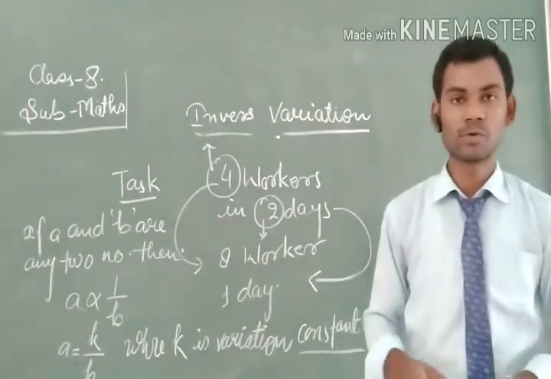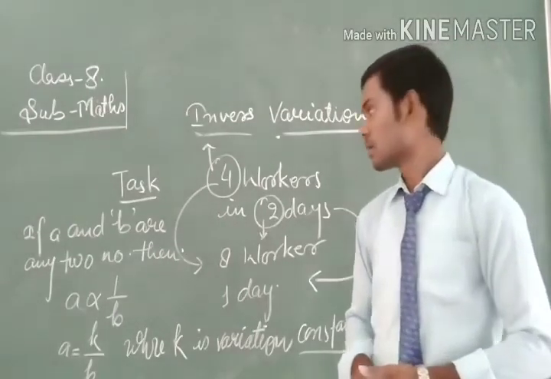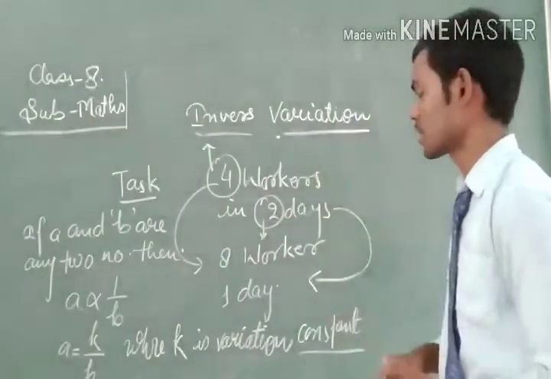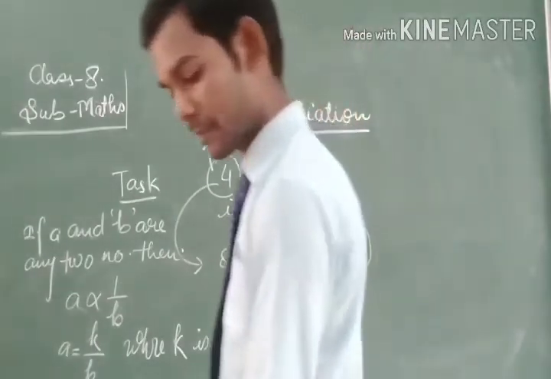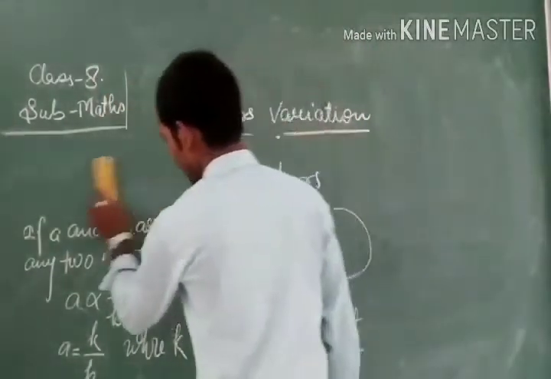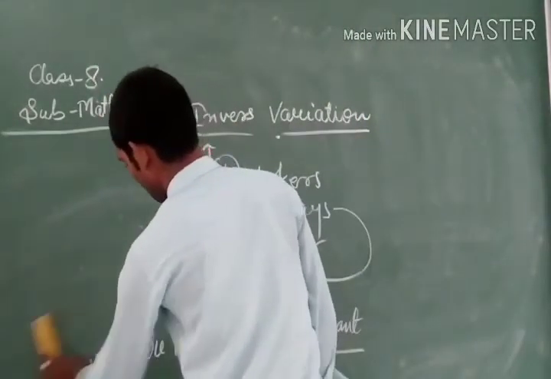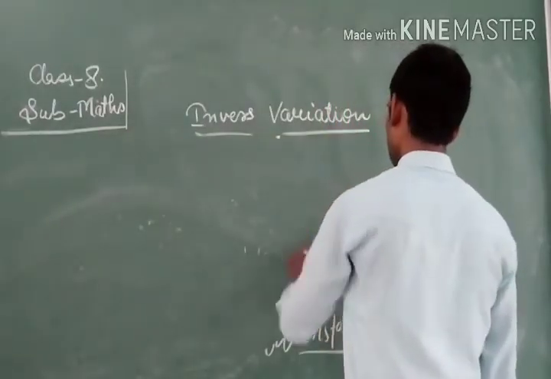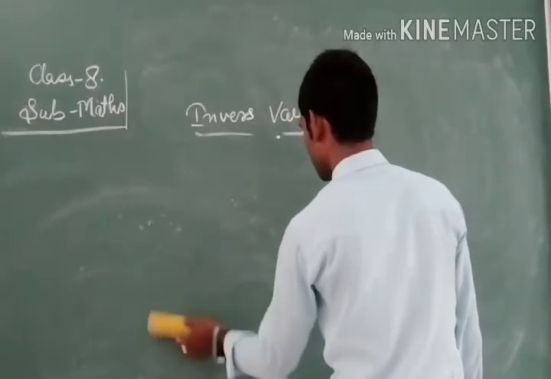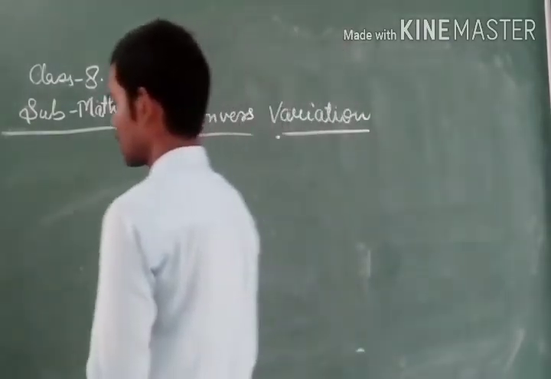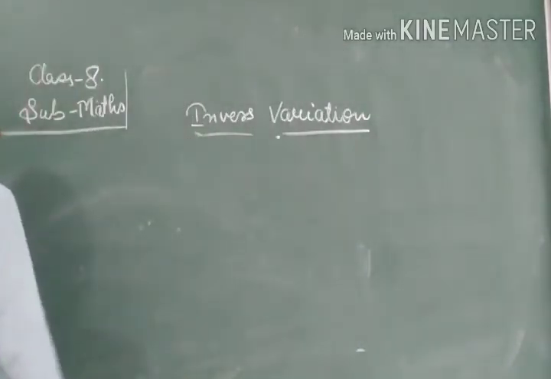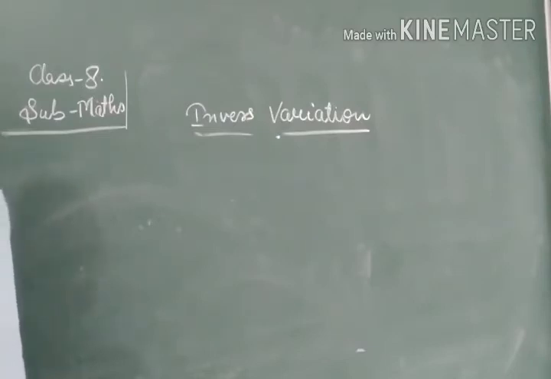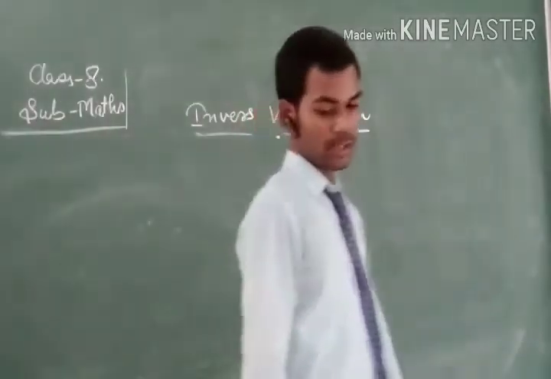Now let us see some more examples which represent inverse variation in our daily life. In order to understand inverse variation, it is necessary to correlate it with our daily life by taking some examples.